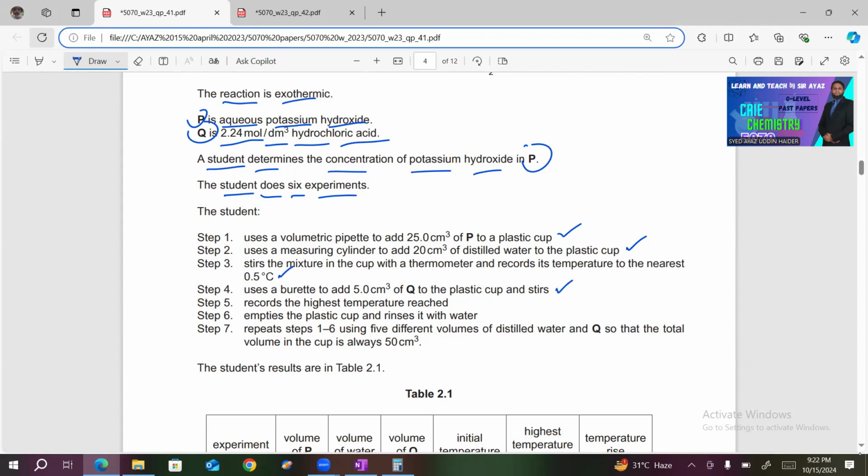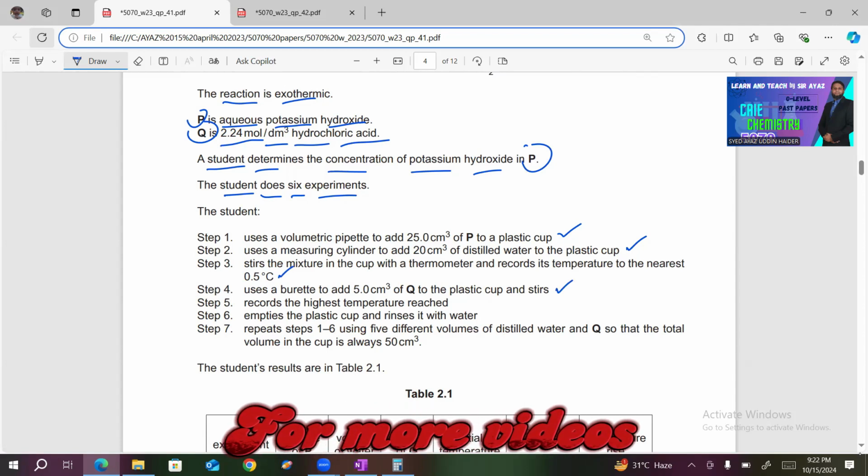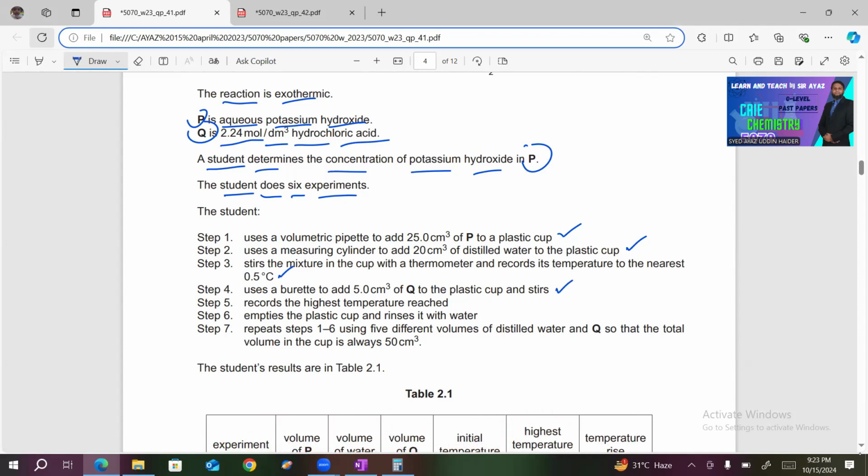You're noticing one thing, the stirring is happening in order to have an equal distribution of heat in the mixture. Step number 5, records the highest temperature reached.